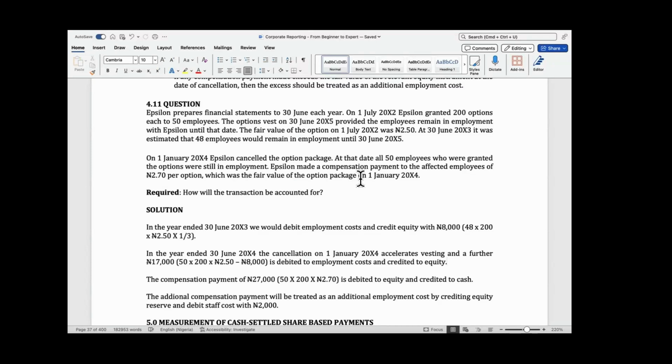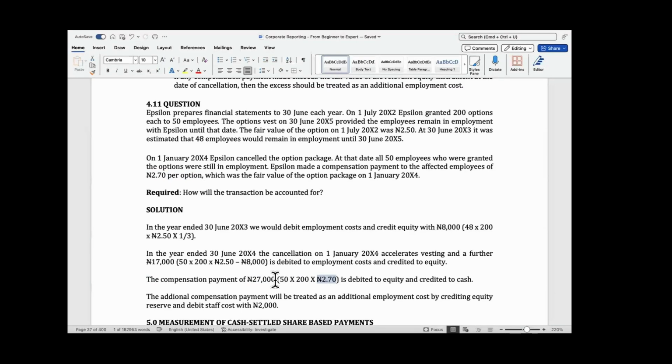However, how did the company compensate them? In cash. The compensation payment was 2 naira 70 kobo per option. If you do the math, this compensation payment adds up to 27,000, which is 50 employees multiplied by 200 options multiplied by 2 naira 70 kobo.